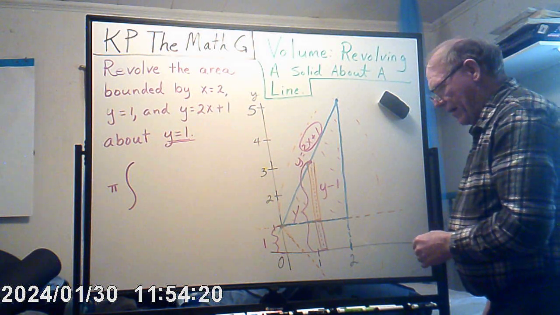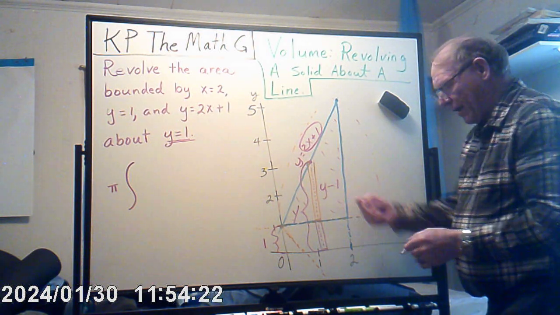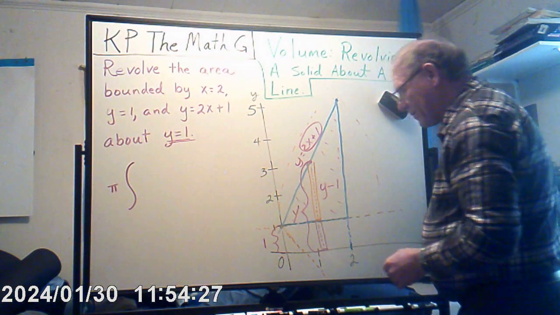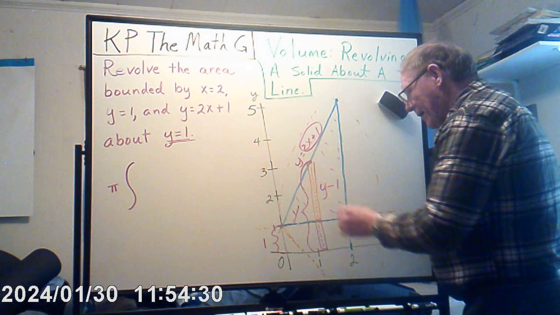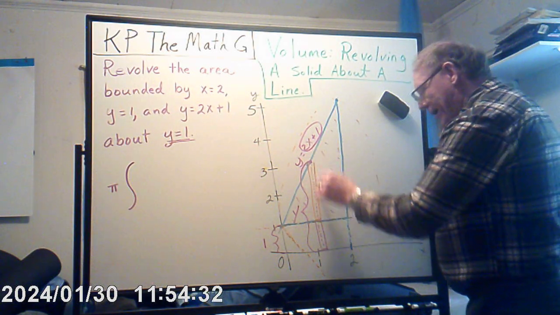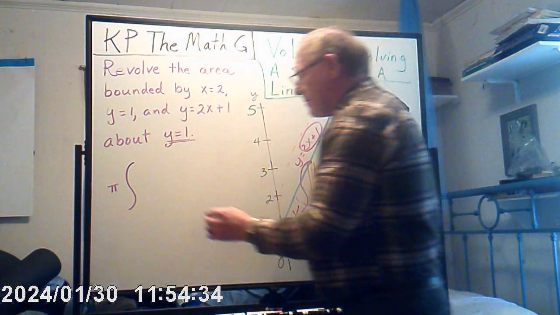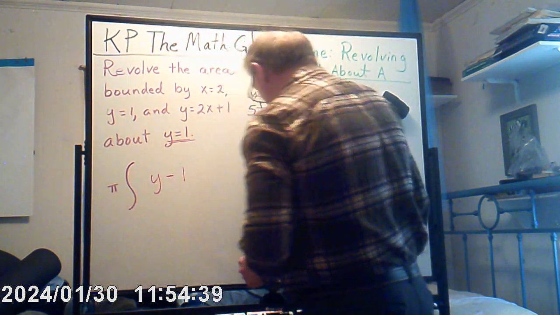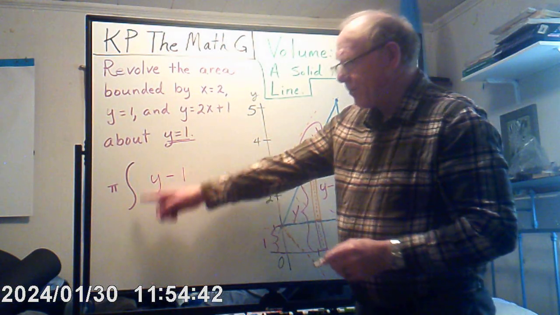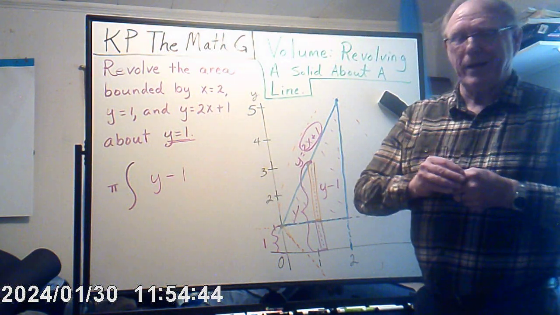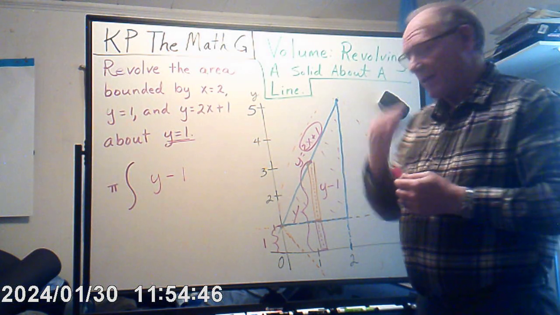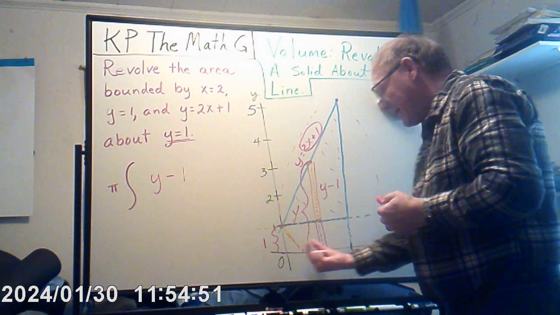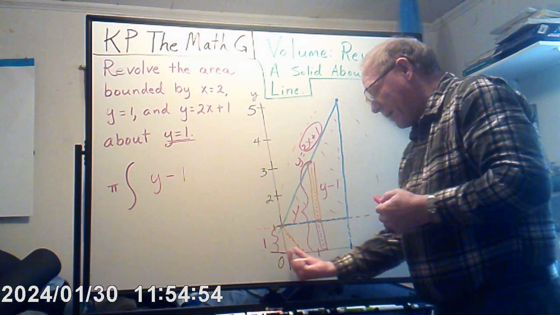It's going to be a solid throughout, no holes. This is my radius right here, so I'm going to put that down, y minus 1, and I need to know how far I'm going from where to where. Sometimes I had trouble with that when I first started learning calculus, but notice that this interval I just created can move from where to where?